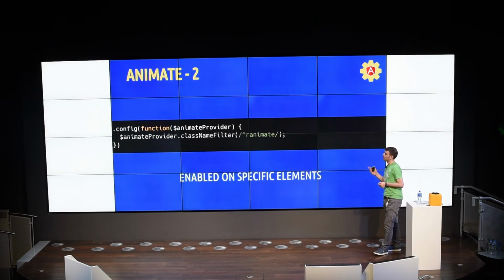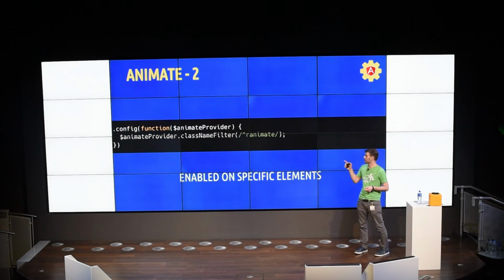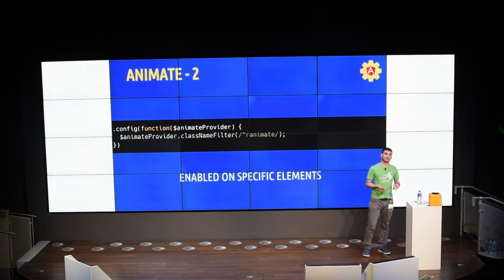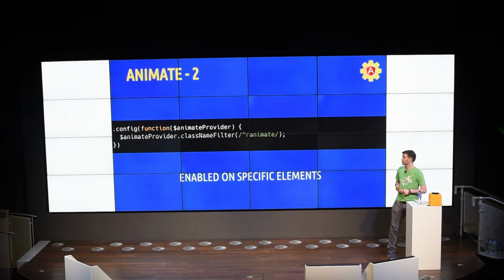With this, only those elements that match the specific regular expression will have animate working. The rest of the elements will not have all these classes getting added and removed.